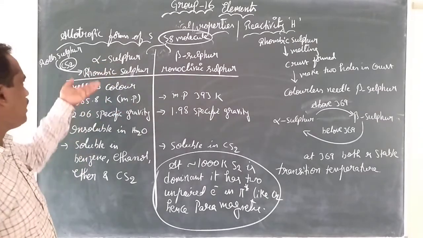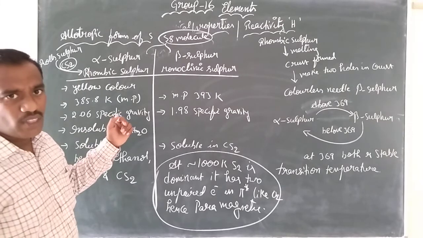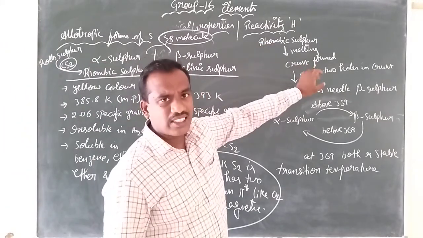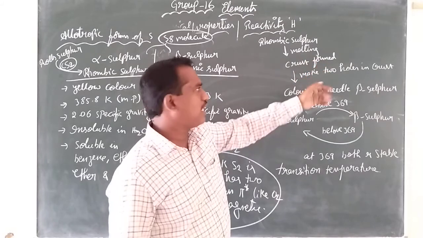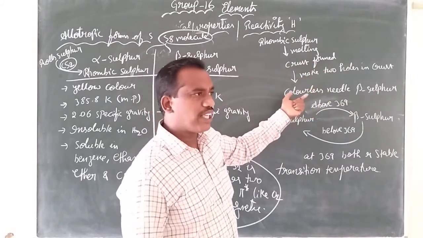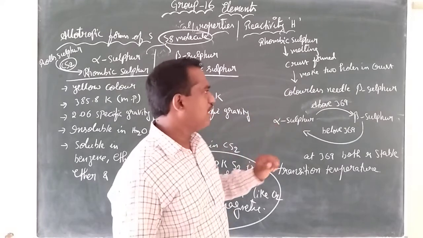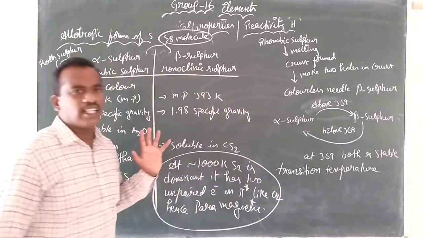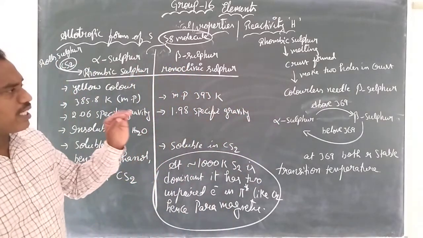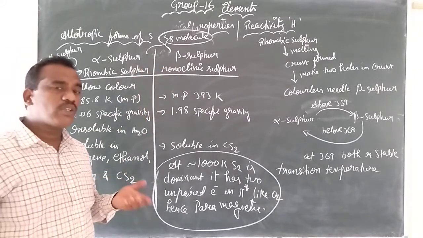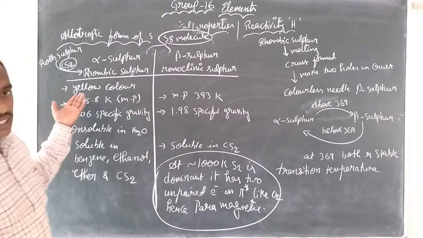From this rhombic sulfur, if you heat or melt it, it will form some crust. When we make 2 holes in the crust and pour off the liquid, we can get the colorless crystals of the beta monoclinic sulfur. So very short cuts we have given here. Beta monoclinic is obtained from the rhombic sulfur only. Coming to their color, it's yellow in color.